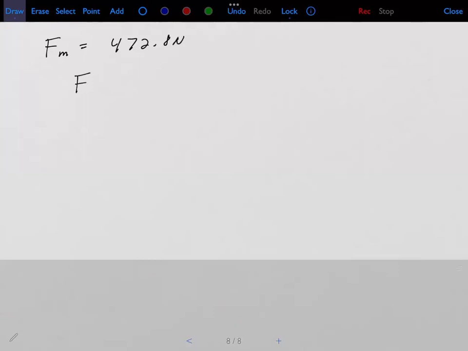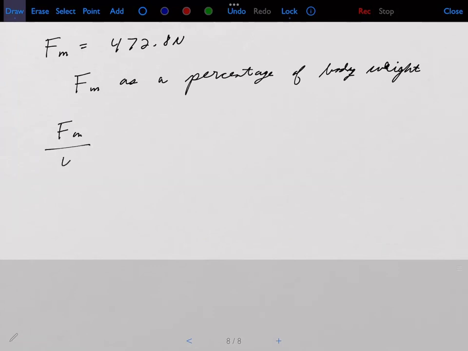If I want Fm as a percentage of body weight, then I would take my Fm value, the deltoid muscle force, divided by the total body weight, W, and then multiplying by 100 just converts that ratio into a percentage. So in this case, it'd be 472.8 newtons divided by, what was the body weight? 1,076.6 newtons, and times 100.